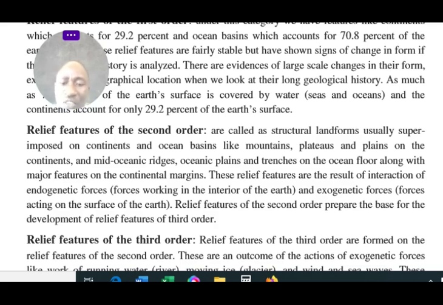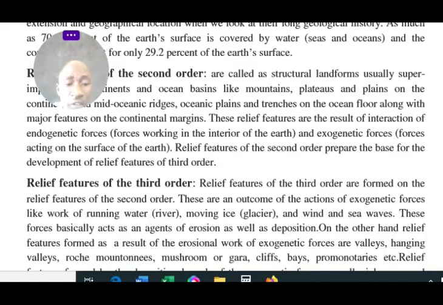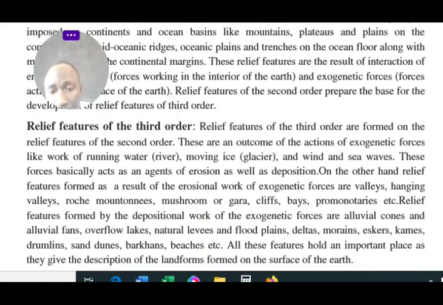And when you look at these ones, they are based on the development of the relief features of about the 30 features. But to understand the relief features of the second order, you must have gone through the relief features of the third order.